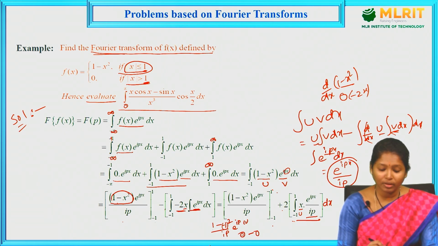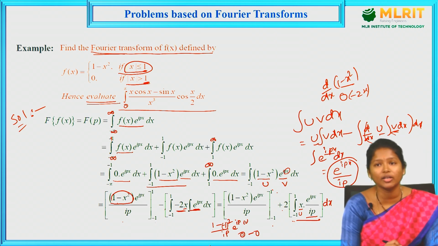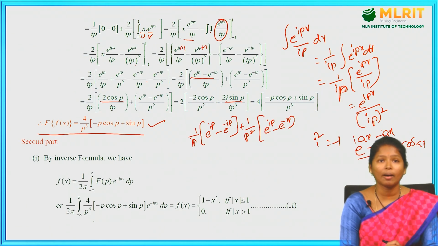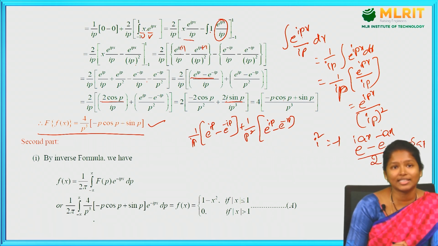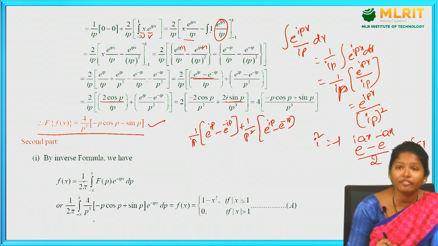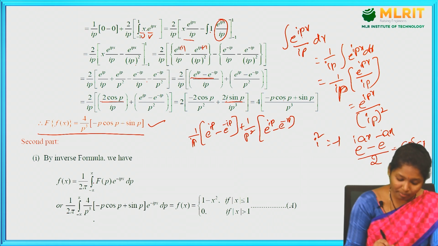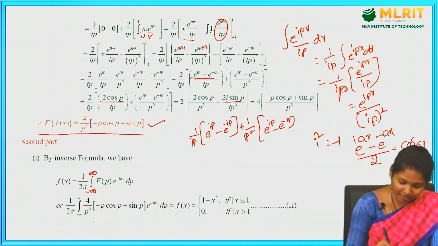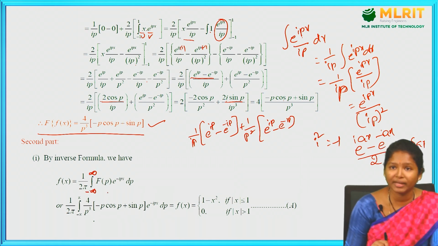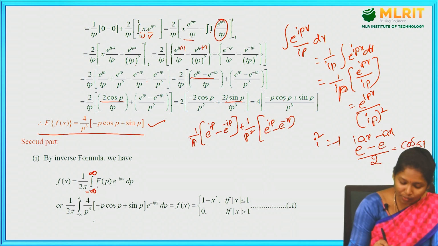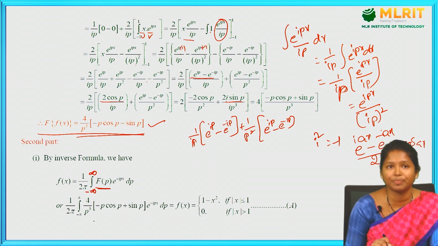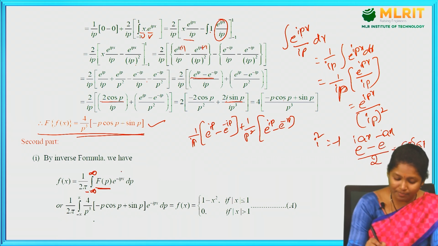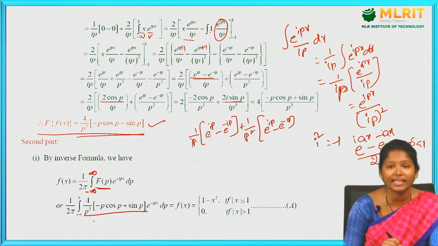But in the problem they have given evaluation, right? So we have to apply the inverse Fourier transform also. By the inverse Fourier transform formula, we have f of x equal to 1 by 2 pi integral from minus infinity to infinity f of p e power minus ipx dp. What is f of p? 4 by p cube, minus p cos p plus sin p. So I substitute f of p in the formula.